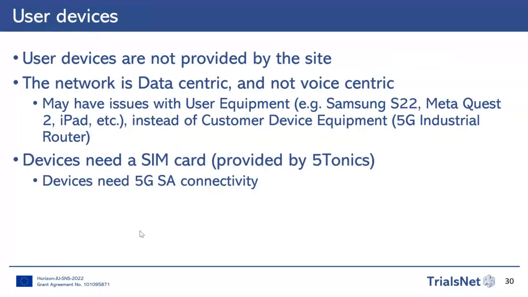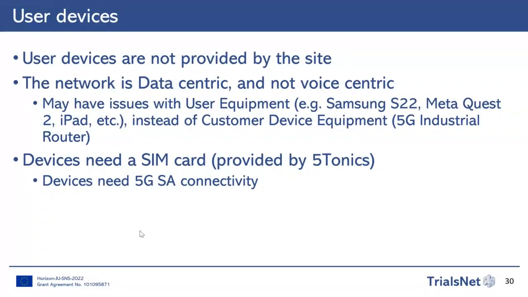For what concerns the devices that can be used in the site, we are not providing the devices, and the network has been designed as a data-centric network and not a device-centric network. This means that it has been designed keeping into account customer device equipment, like, for instance, 5G industrial routers, while if you intend to use user equipment, you may experience some problems.